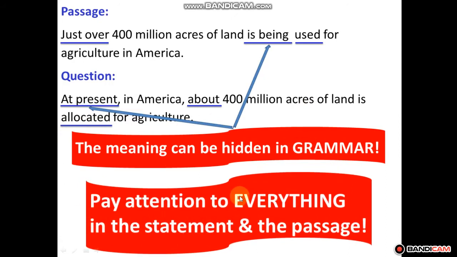So the bottom line, as you see, whatever is dropped from the above in my PowerPoints, well, that's the major point you have to pay attention to. Well, pay attention to everything in the statement and the passage. That's what I mean. It's not just matching the keywords, and the distractors, but also everything. It can be even a grammatical concept as well.